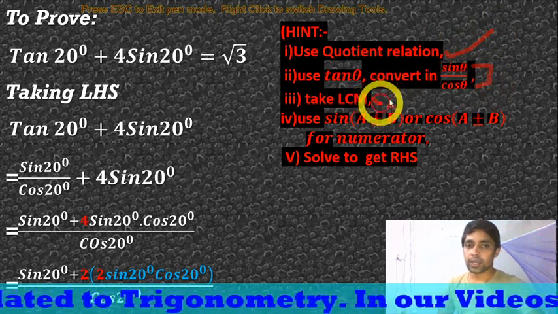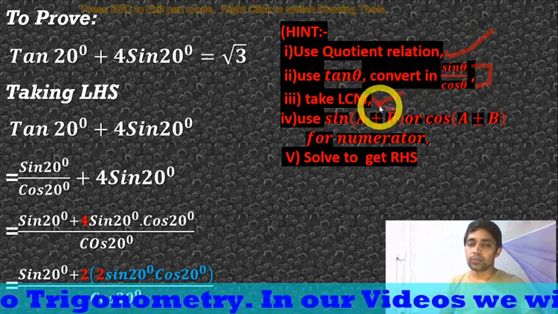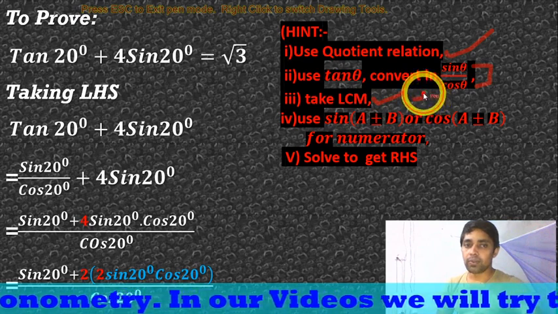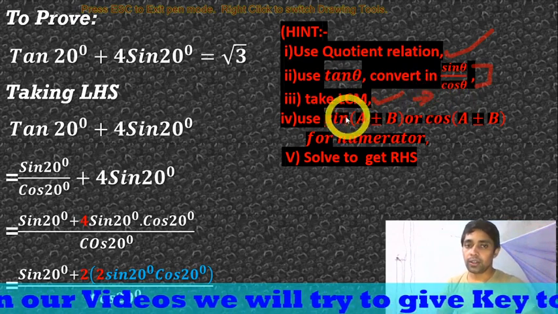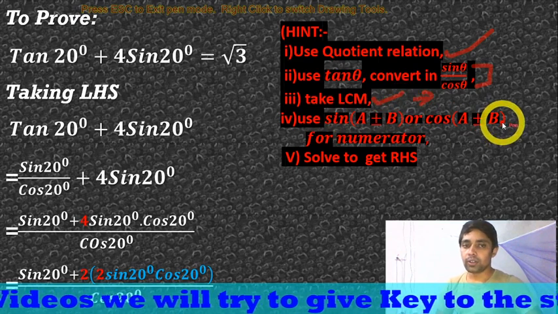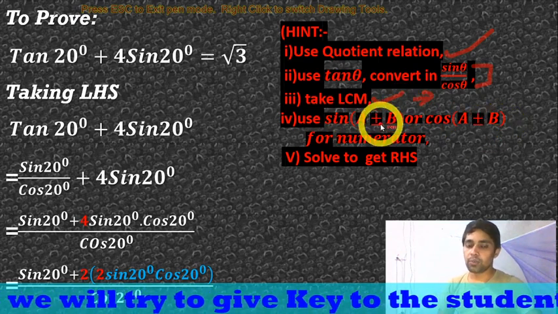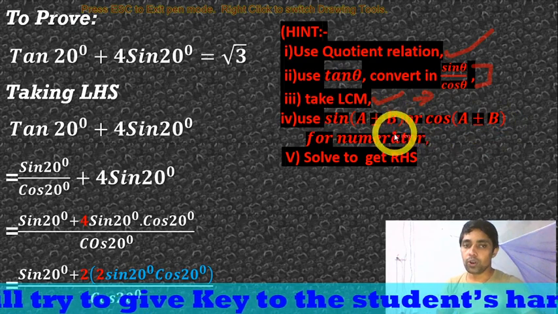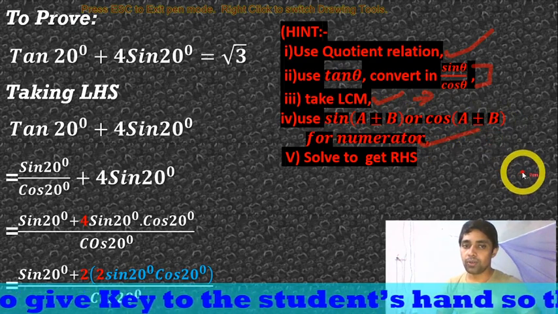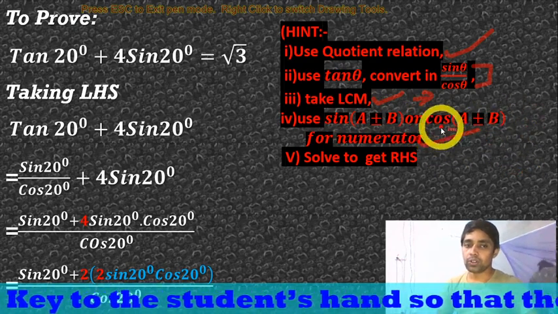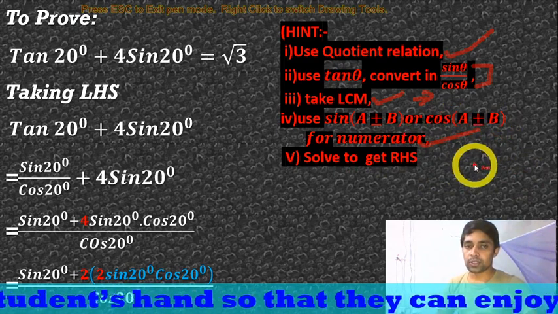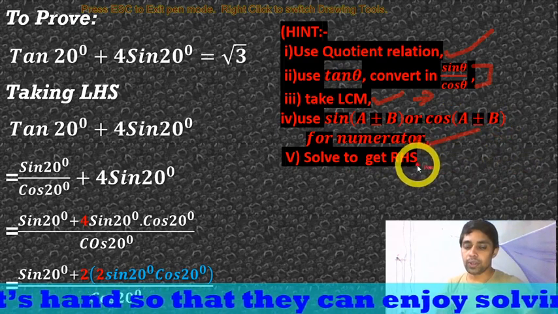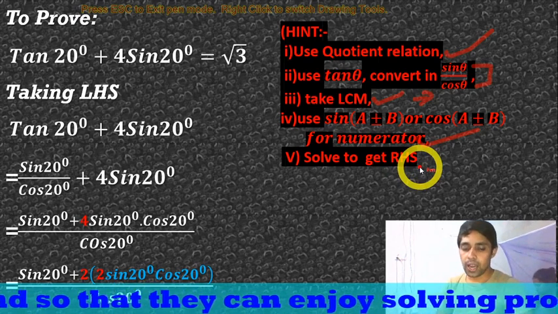Then we will take the LCM, and as we take the LCM, we'll get the form of the sine 2 theta formula. Then we'll convert to sine or cos a plus minus b format for the numerator only. This will only apply to the numerator. Then we'll go on solving, substituting known values, addition, subtraction, and like this we'll get the other side, that is the RHS.